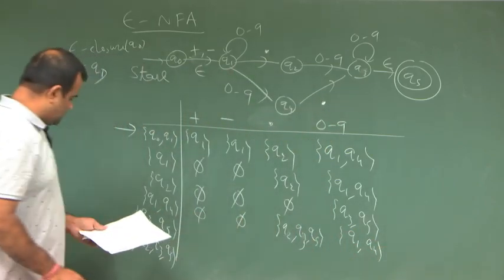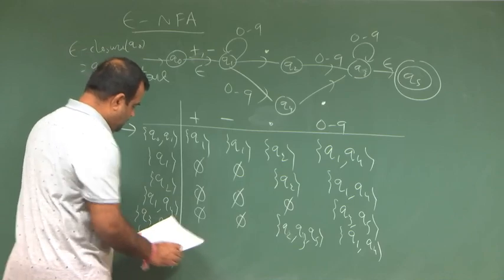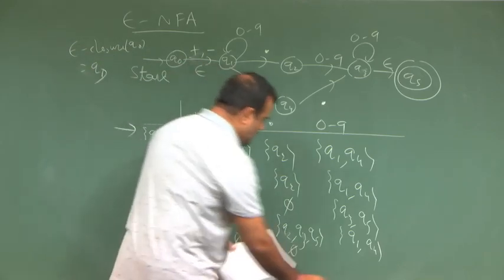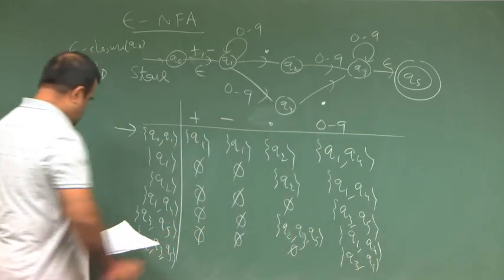You can verify this, and similarly this will be empty, empty, empty, empty, and this is q 3 q 5, and the last one you can verify.